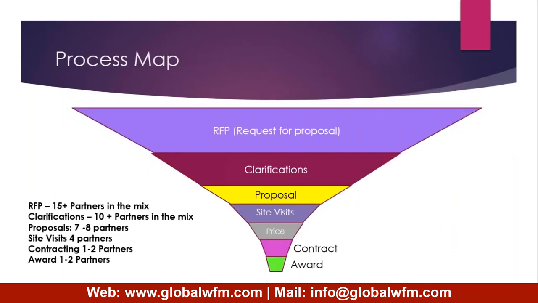So once the RFP is rolled out, we normally roll it based on the availability of the pool of partners that can bid. We will go up to 20, 25 also. Then we clarify questions with most of them and review the proposals. Post proposal, we identify only 5 to 7 or 5 to 8 partners to bid for the next stage. In the final stage, we visit the partners shortlisted in the first 2 rounds.